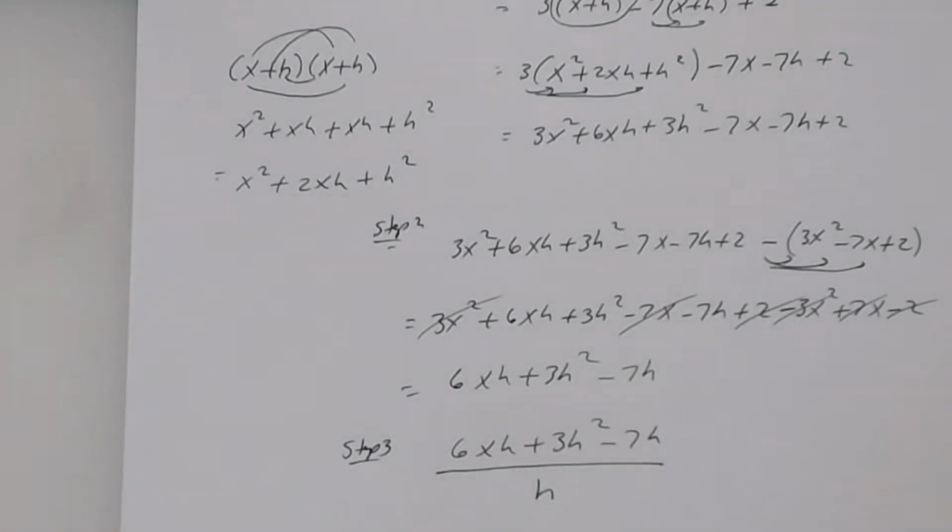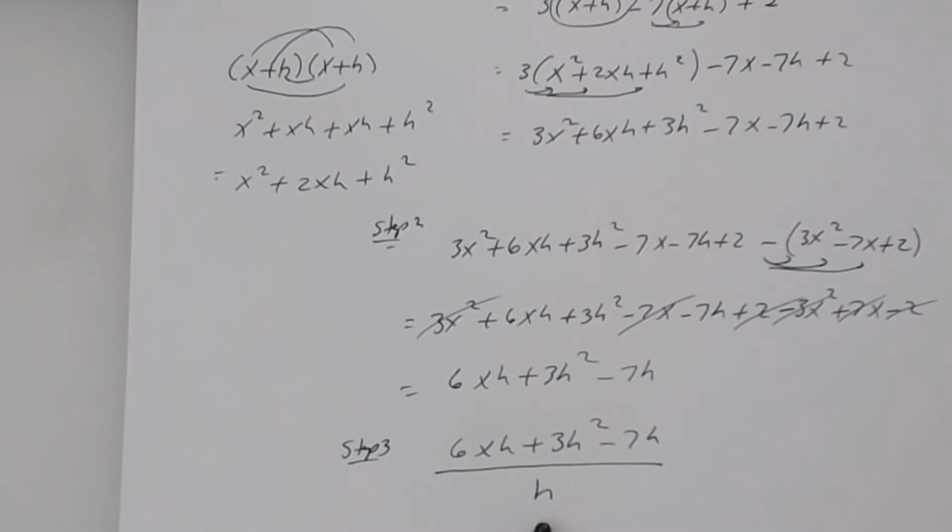H. Now, there are two things you can do at this point, because you have to simplify this. You can notice that the numerator, this polynomial, I can factor out an h. You see that? And then that h will divide into that h.